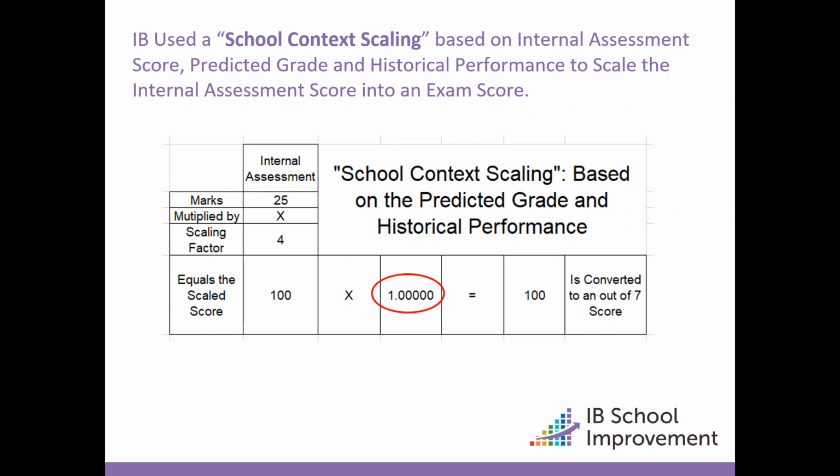That number ranges from 0.5 to about 1.5, with few exceptions. If the number is below 1, the student will lose value on the internal assessment. If the number is 1 or above, the student will retain or gain value based on the internal assessment score. That leads to the out of 100 score that is converted to the IB score 1 through 7.